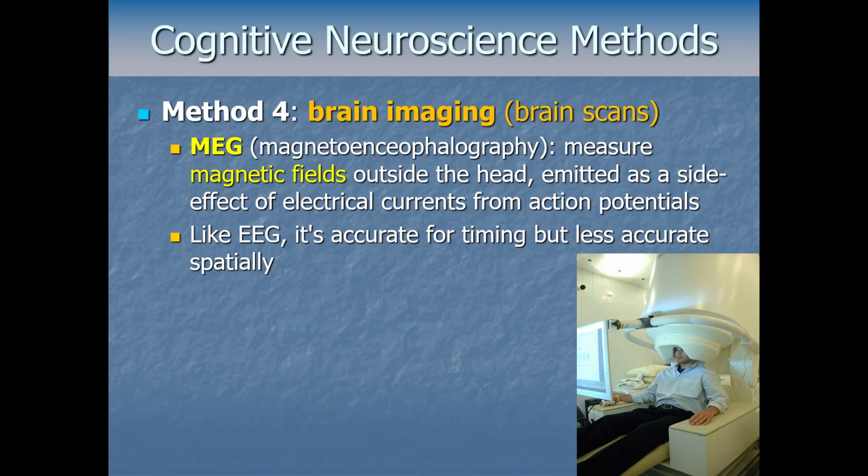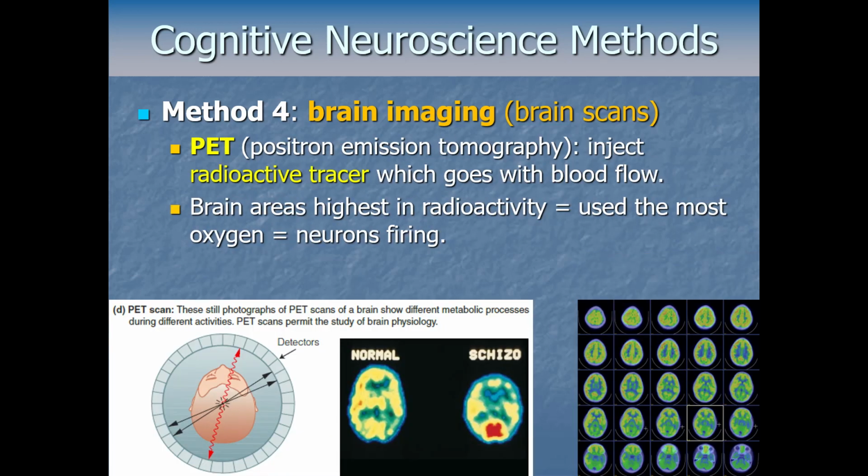So action potentials in neurons, they're doing their electrical thing when neurons fire, that's also having effects on magnetic fields in that area. And like EEG, this means it's accurate for timing, but maybe less accurate spatially for exactly where the activity happened.